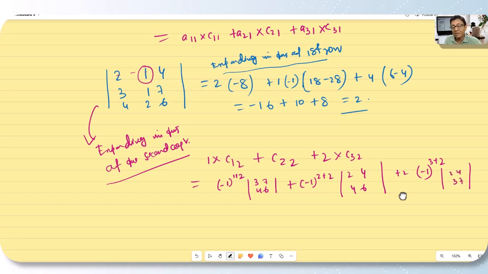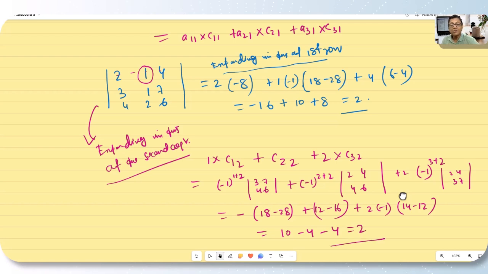2 4 3 7. Value is, and this is plus 2 into minus 1. So this is 10 minus 4, and this is minus 4.